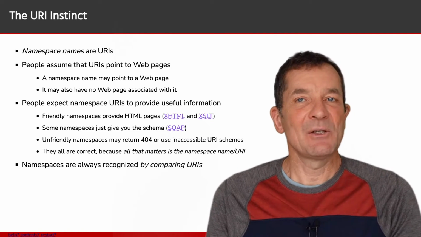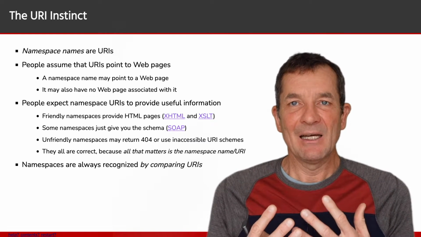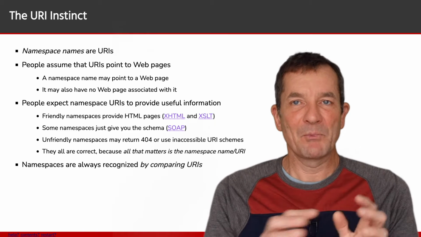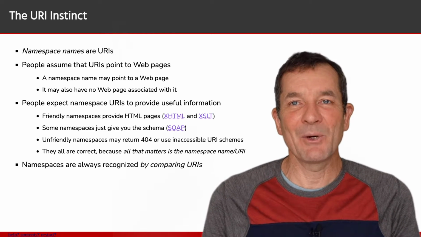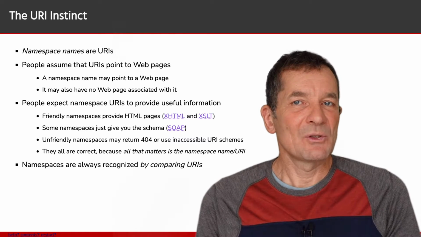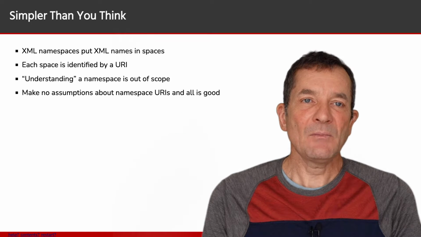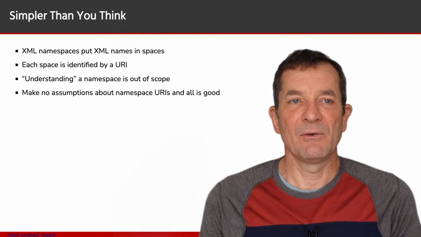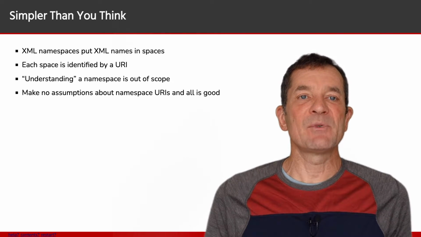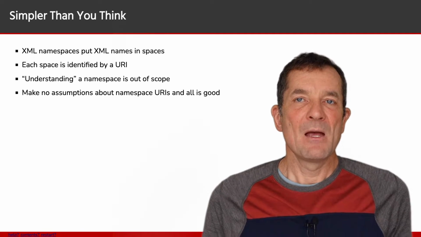And I think that is almost the most confusing thing for a lot of people, because we have this instinct that when we see URI, we want to copy paste it into the address bar and see what happens. That's not the best instinct with a namespace. You should mostly treat those things as just that, names. So they really are simpler than you think. They put XML names into spaces that are identified by URI.